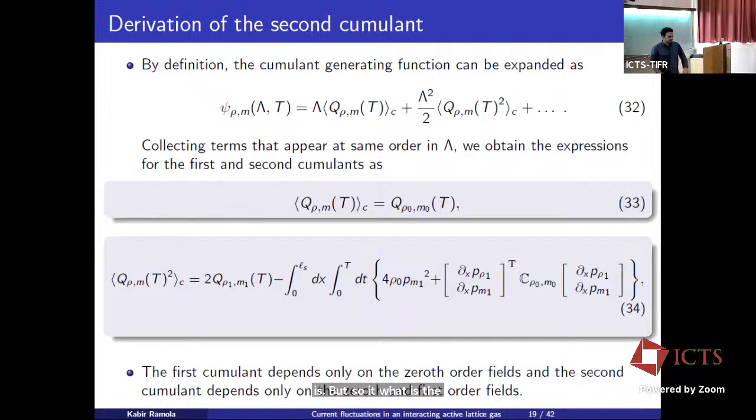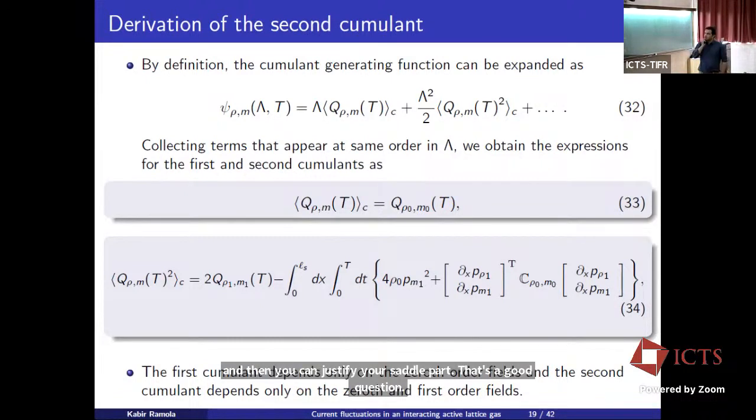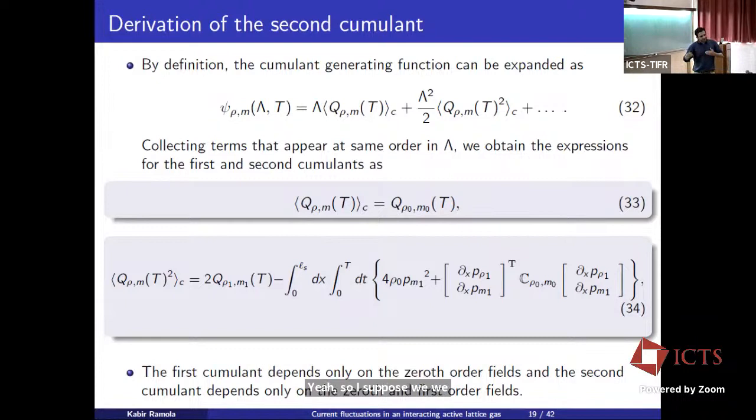Without the scaling, how would you justify the saddle point then? Usually you rescale and bring a large time parameter in front of the action, and then you can justify your saddle point. That's a good question. So I suppose we justify it as T is large enough, but we don't have a scaling that comes out. It is some T to the power alpha, which is what we see.